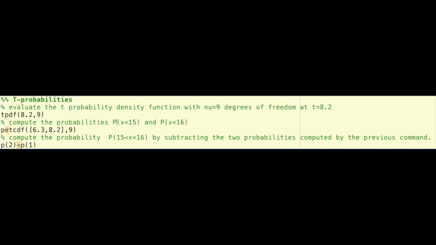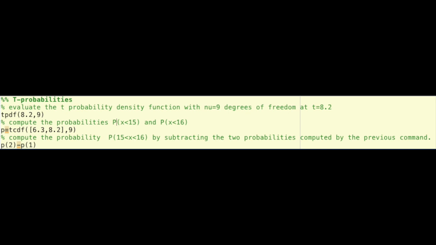The PDF function provides a probability density value, which is just a y-coordinate on the graph of the probability density function. So this first line of code computes a value of the density function associated with the random variable value of 8.2 and a parameter value of 9 degrees of freedom.